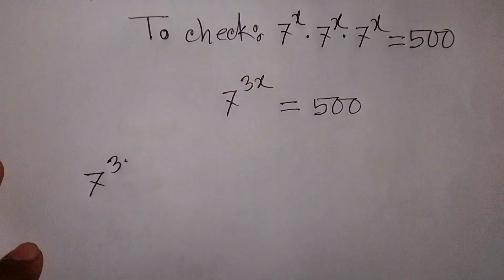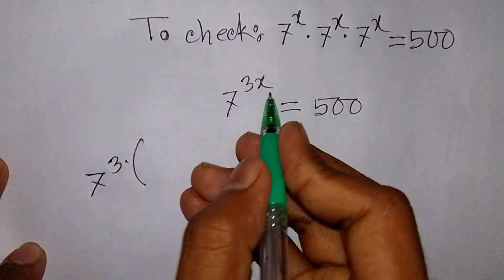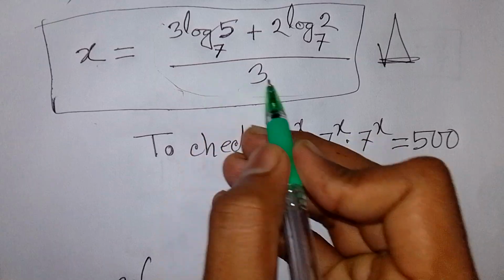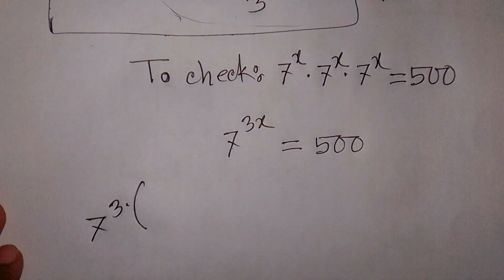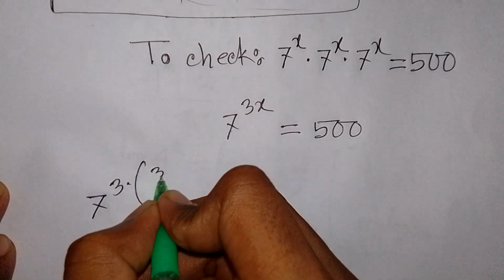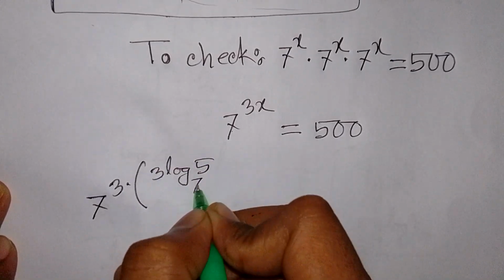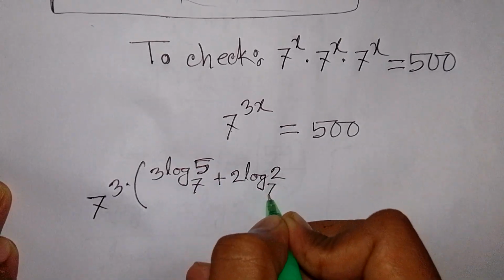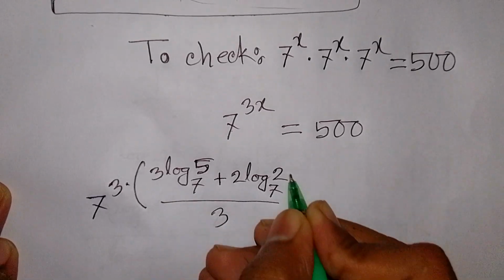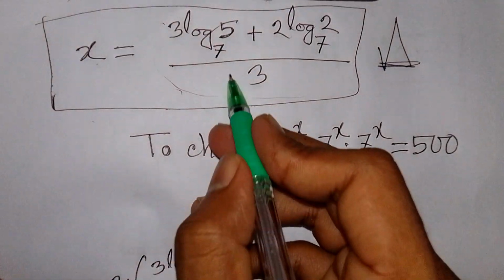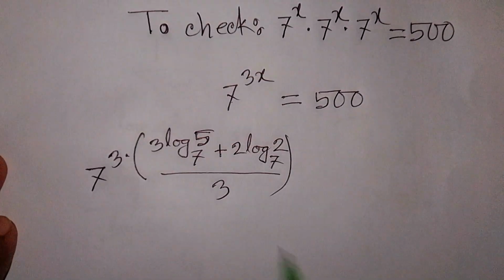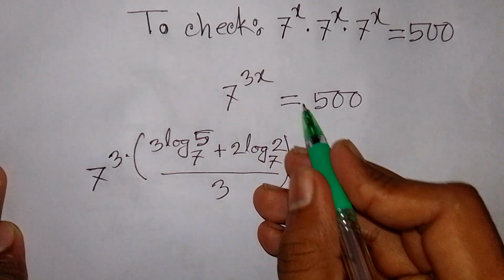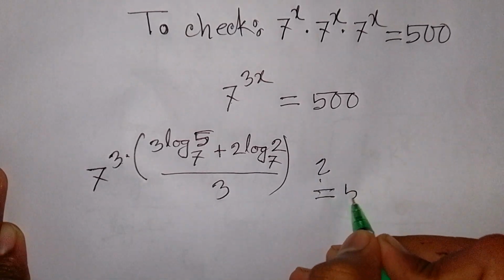So here 3 times the bracket, the value of x, is (3 log 5 base 7 plus 2 log 2 base 7) over 3. So 3 times the value of x, is it equal to 500?